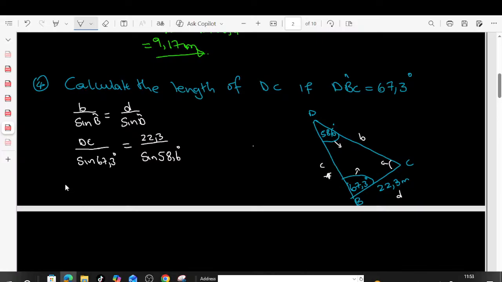So what's next? We need to cross multiply. DC will be multiplied by the sine of 58.6, equated to 22.3 times the sine of 67.3 degrees.